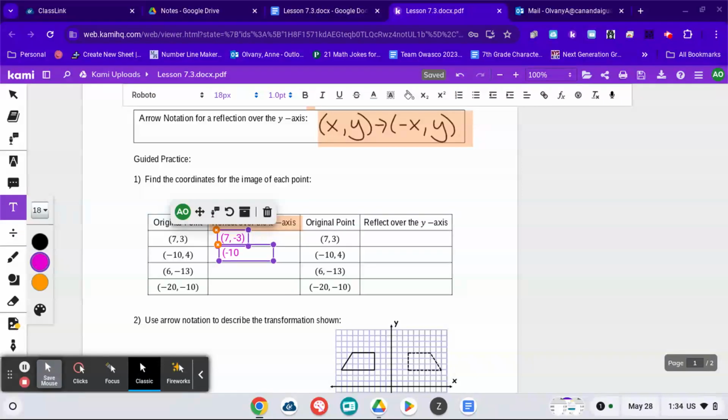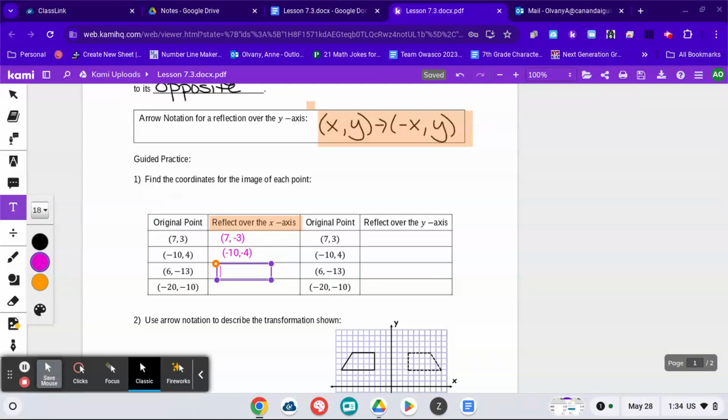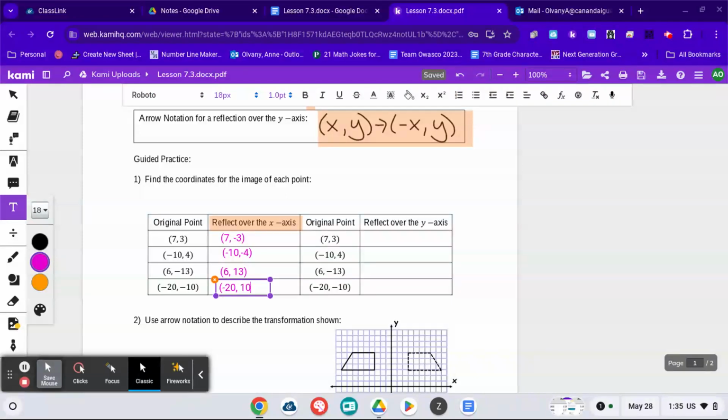So that's -10, -4. Even though it's negative, it still stays the same. We're reflecting over the x, so the x stays the same, which means that -13 has to become a +13. And if we're flipping over the x, x is going to stay -20. The -10 will change to +10.